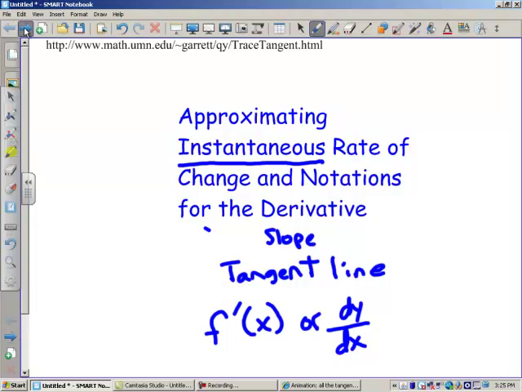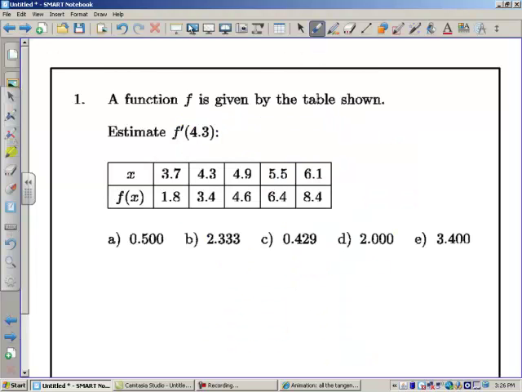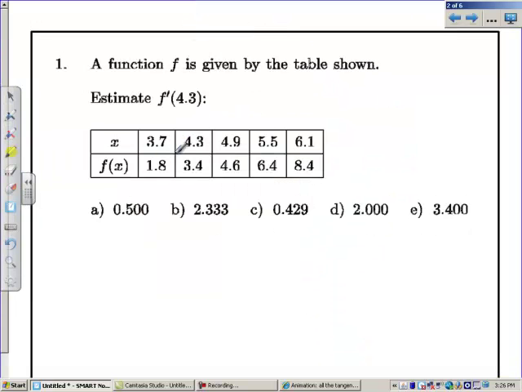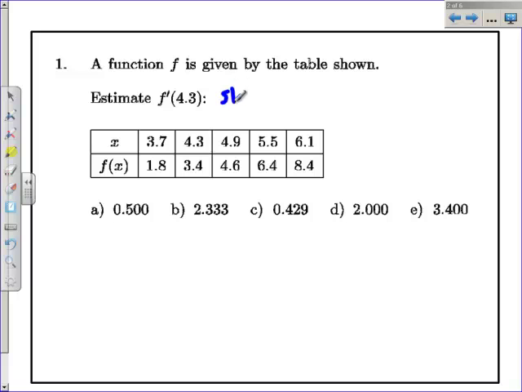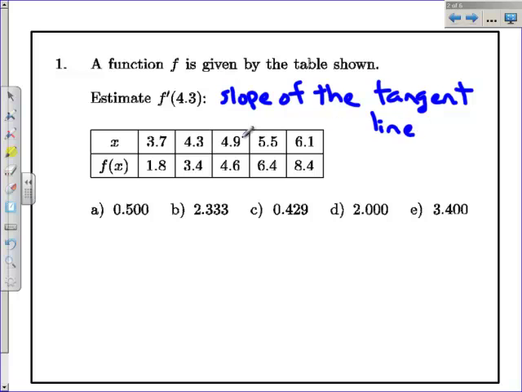Alright, so let's get to a specific example. I've got a function that I've got 1, 2, 3, 4, 5 data points for, and I've got these 5 y values. And what I want to do is estimate f prime at 4.3. That means what would the slope of the tangent line be at 4.3?